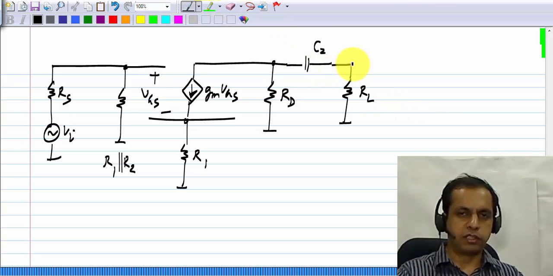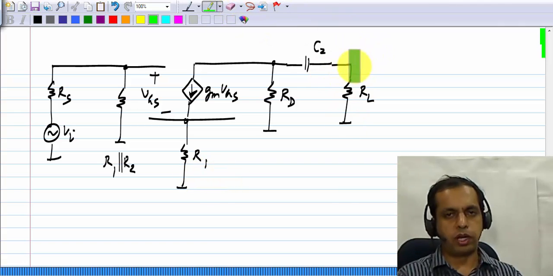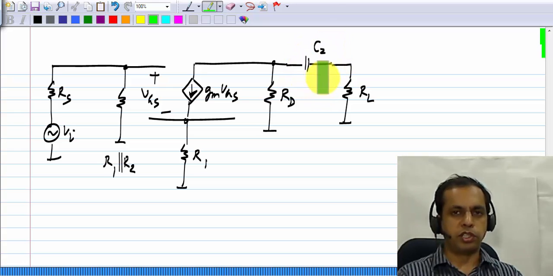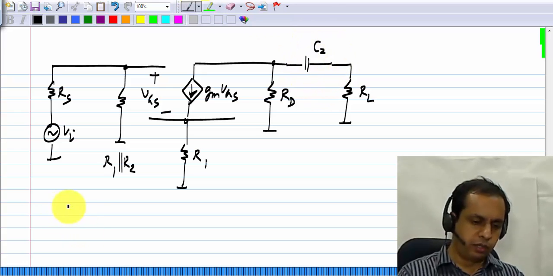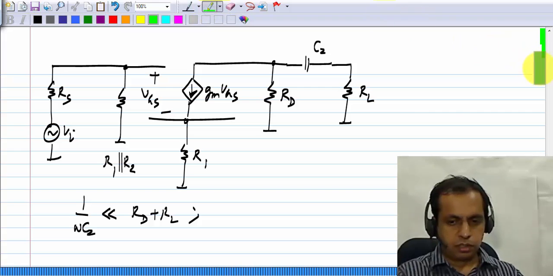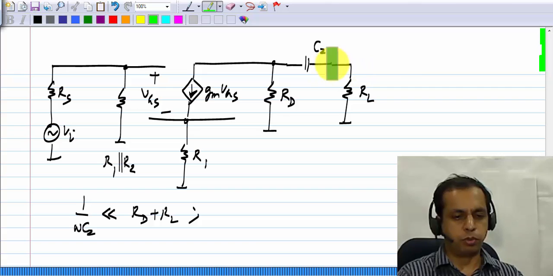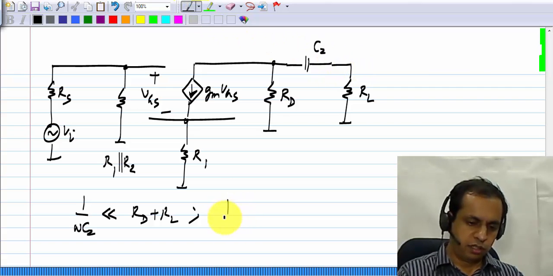So what are the conditions that must be satisfied by C2 for the output voltage, or the output current through RL, to be the same whether C2 is a short circuit or C2 is there? We need the reactance of C2 to be much smaller than RD plus RL, but like I have mentioned many times, for the drain voltage to be nearly the same as the output voltage, we would like the reactance of the capacitor to be much smaller than RL.